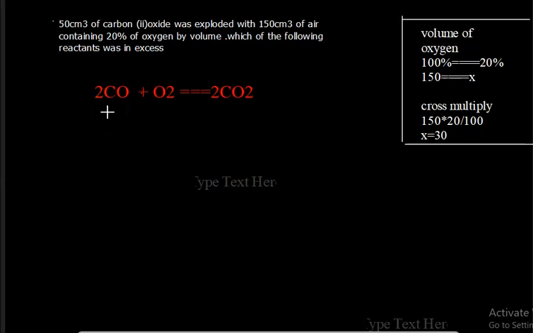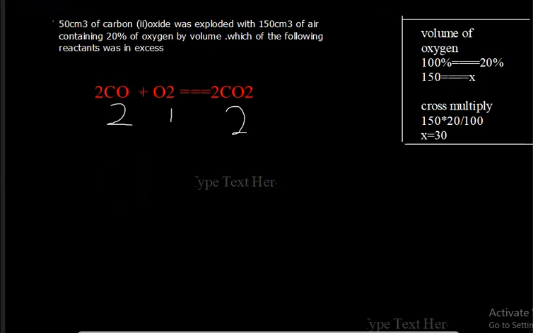So guys, since we have gotten the amount of oxygen, which is 30 cm³, we can proceed to our equation. At this point of the equation, we have 2 moles of CO, just 1 mole of oxygen, and 2 moles of CO2. Now what we'll do next is place the volume of each gas below their moles so we can easily compare them.